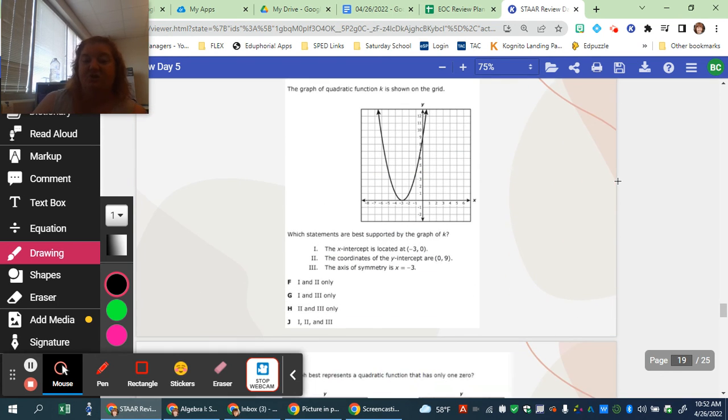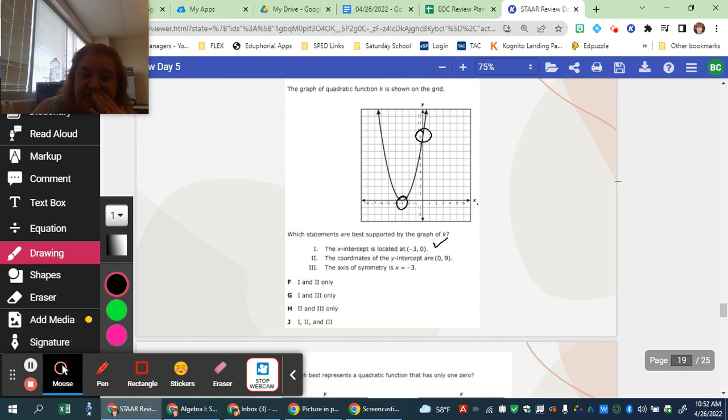And moving on, key attributes. Okay, so the big things to remember here is, well, just look at the graph. The x-intercept is located at -3, 0. That is true. The coordinates of the y-intercept. So here's the x-intercept.